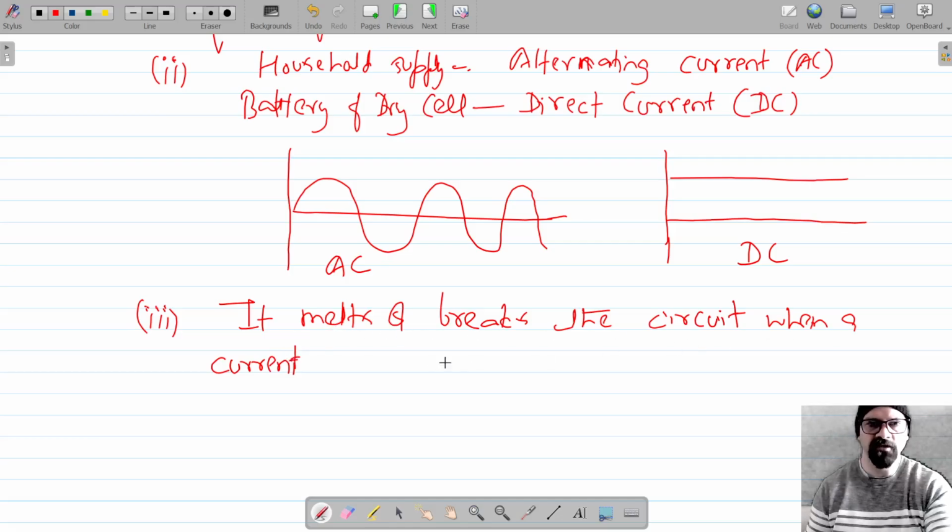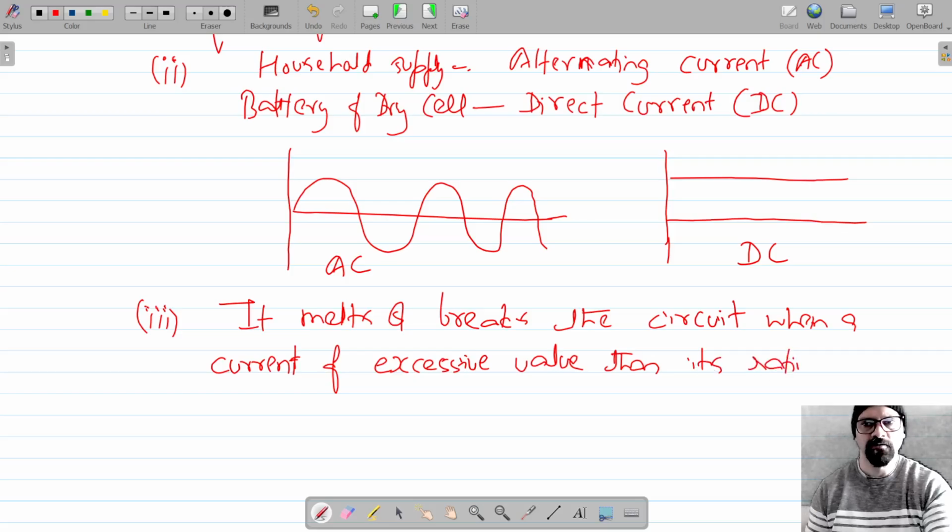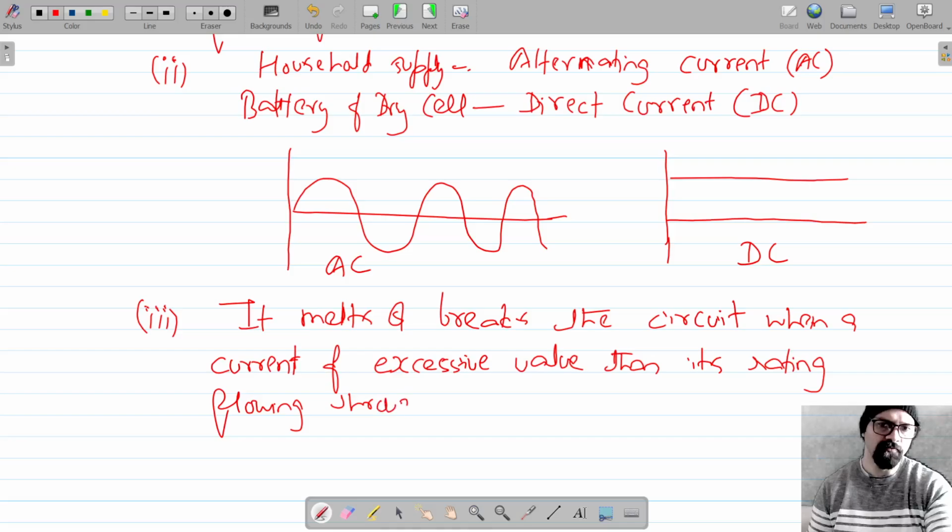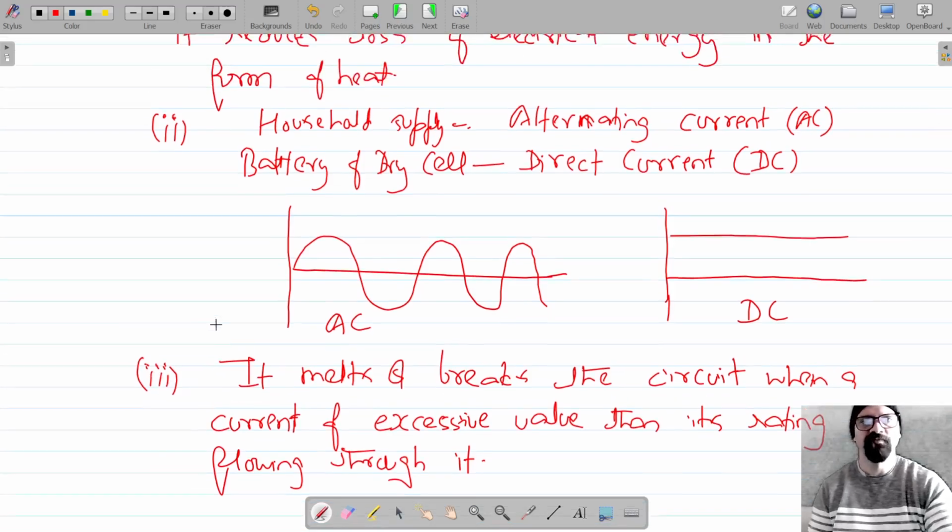So it melts and breaks the circuit when a current of excessive value, higher than its rating, flows through it, because we have ratings for the fuse. That's how the fuse works. So it melts, breaks the circuit, and no excessive current flows then.